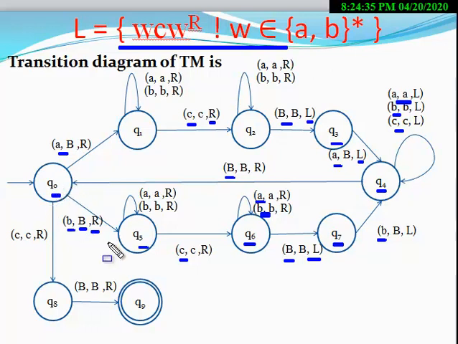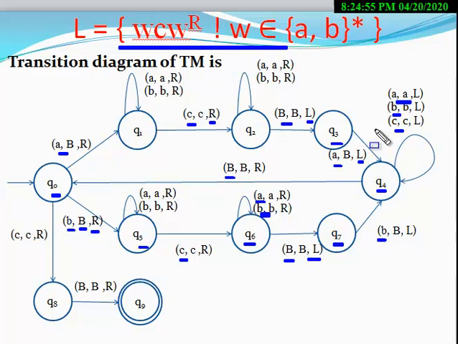So again this cycle is completed. The machine starts from Q0 and goes again to Q0, so this cycle is repeated. When tape symbol b appears, this cycle will be repeated. When the tape symbol a appears, this cycle is repeated, right?